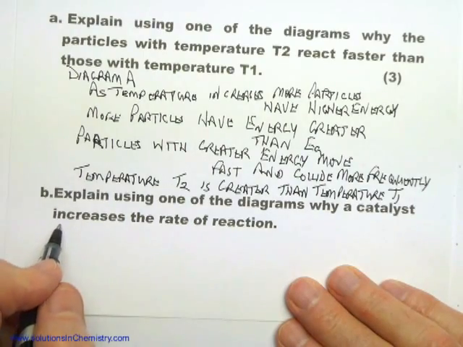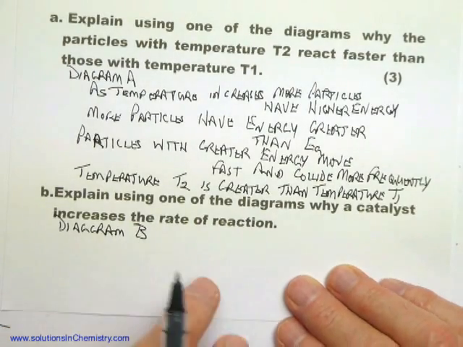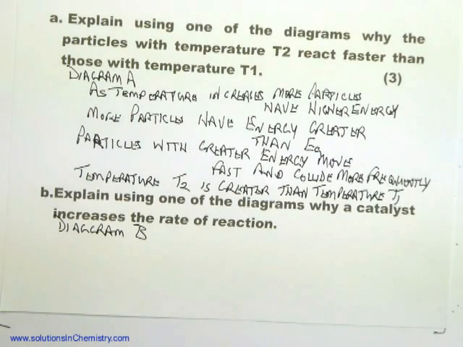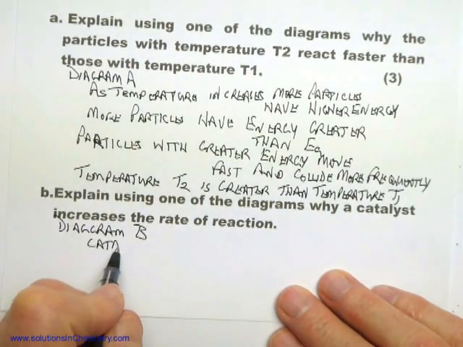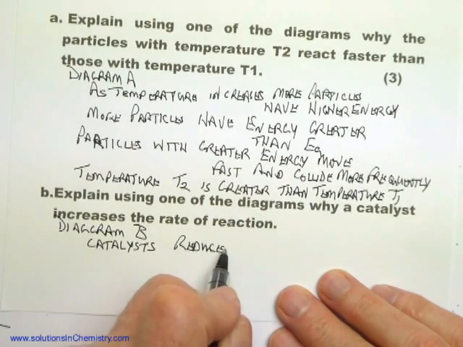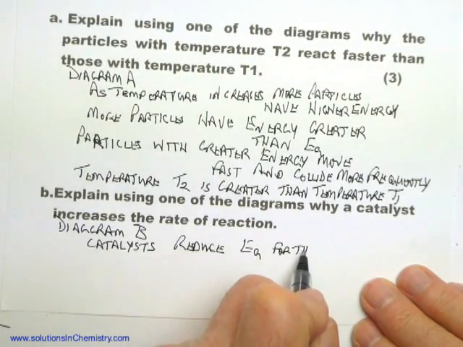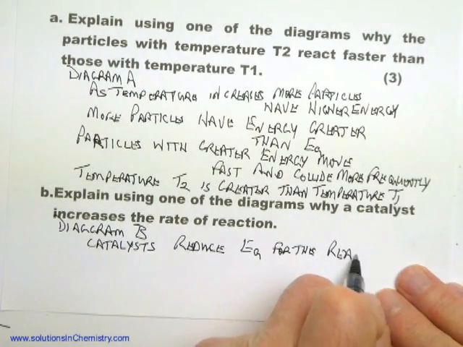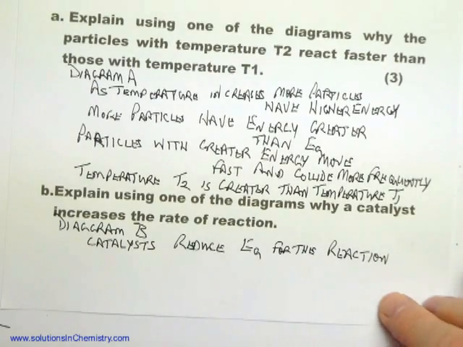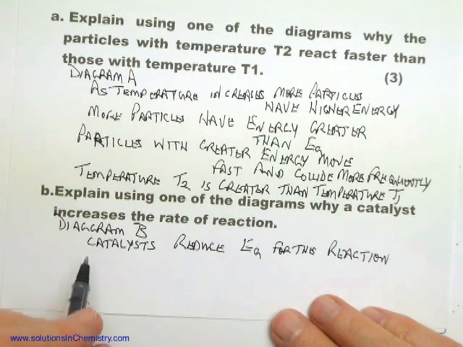So we're going to use diagram B. And what we're going to say is catalysts reduce the energy of activation for the reaction. And secondly, we say with lower energy of activation, more particles have a higher energy and are available for reaction.